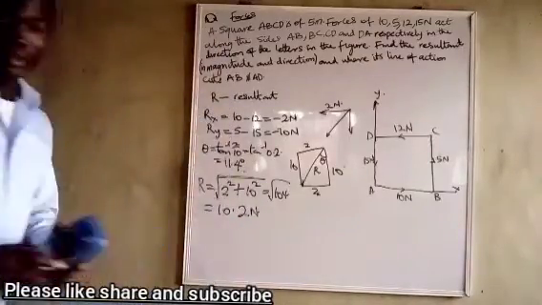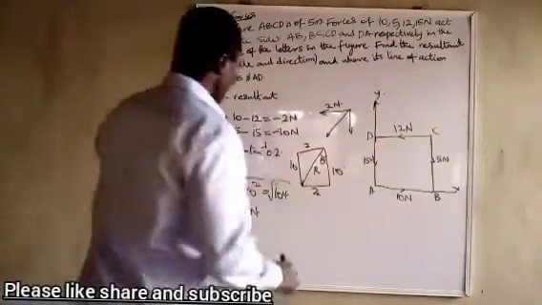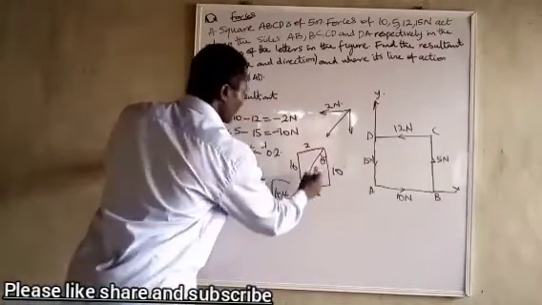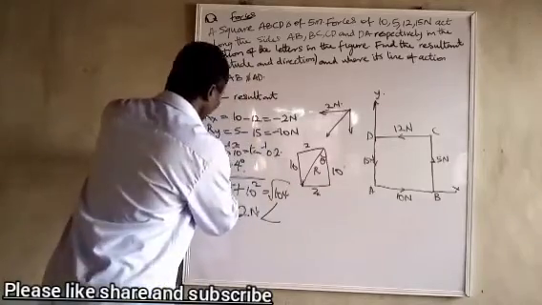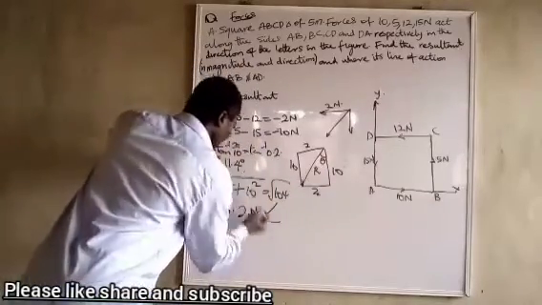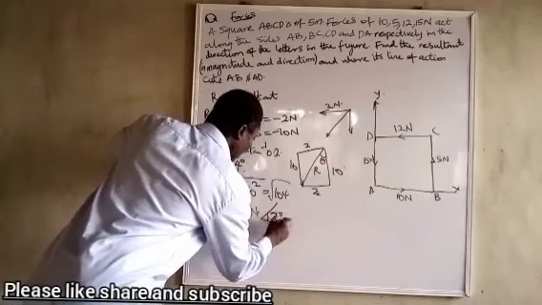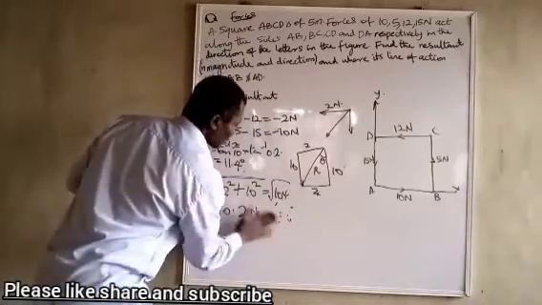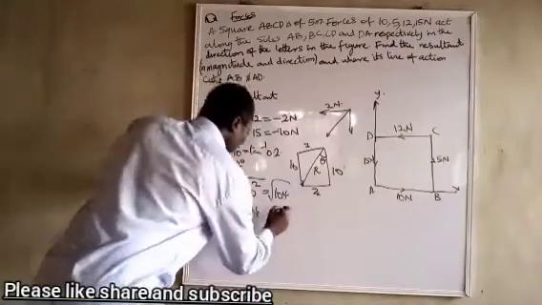So that is the direction. And if you look at it, it will be like this. 90 minus 11, that is 79, let's call it 78.6 degrees. So like this.